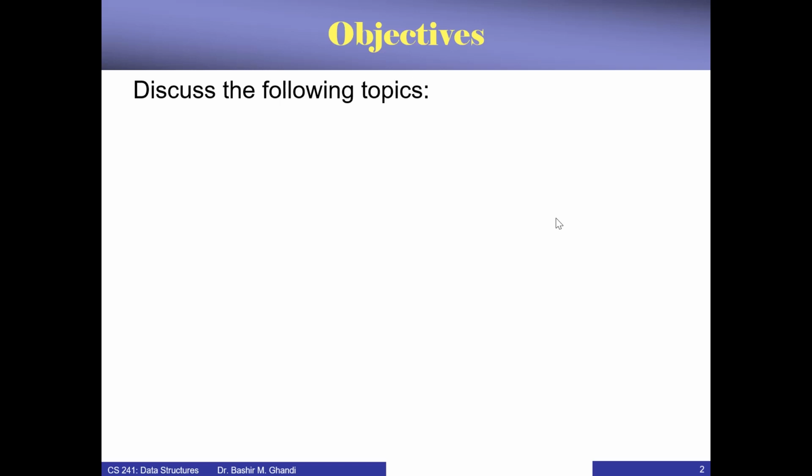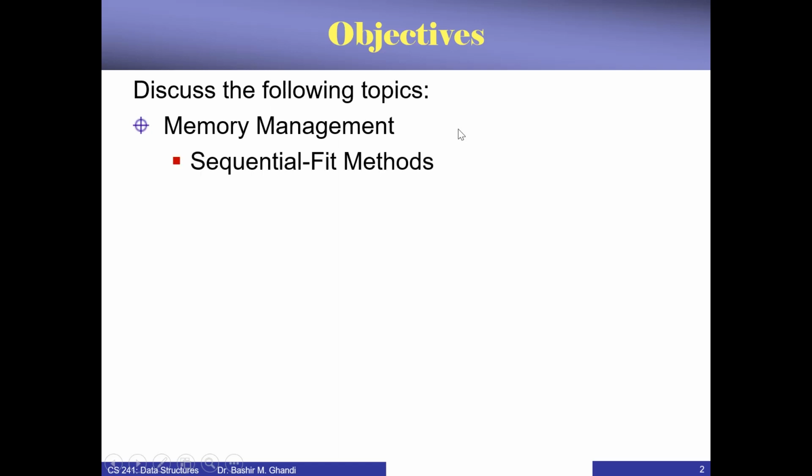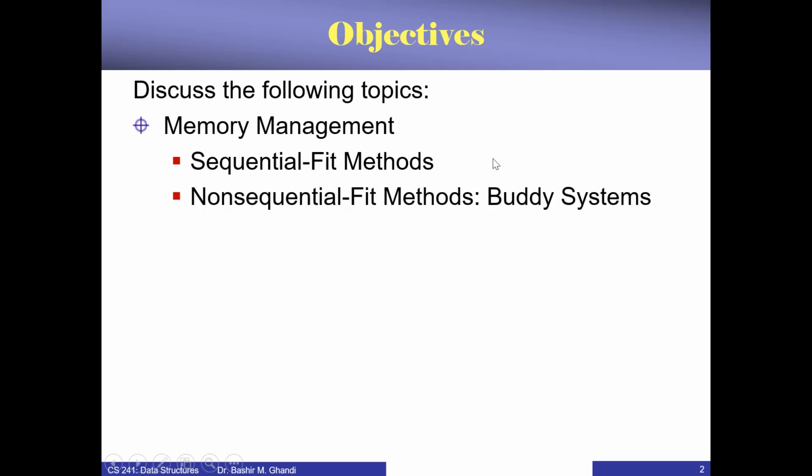So here are the topics. We explain what memory management is all about, and then discuss the two main ways of doing memory management. We have sequential fit methods, and then there is non-sequential fit methods.